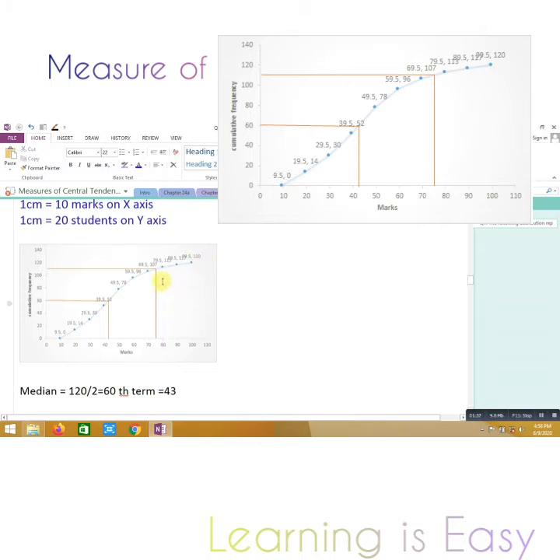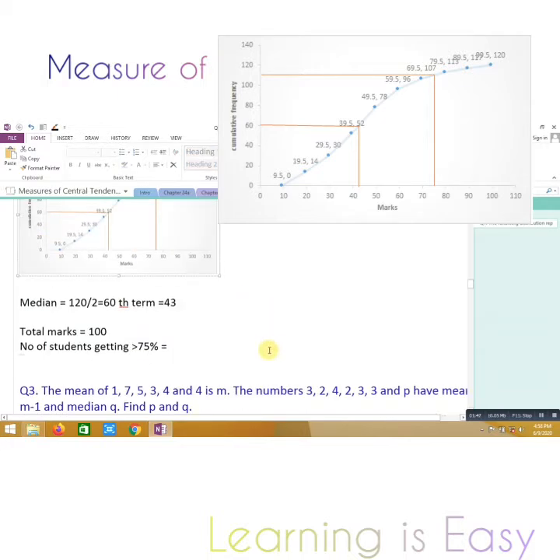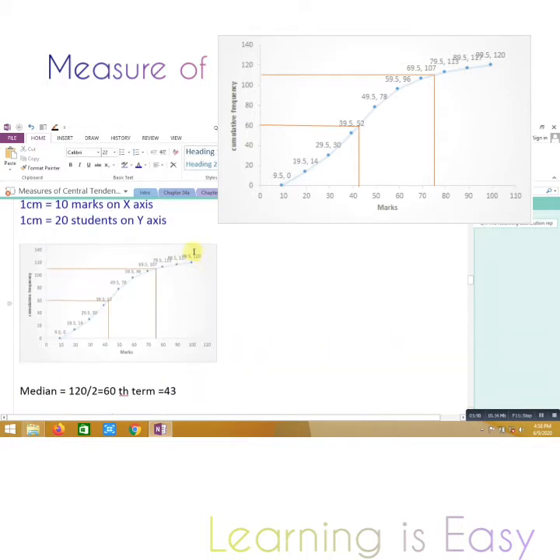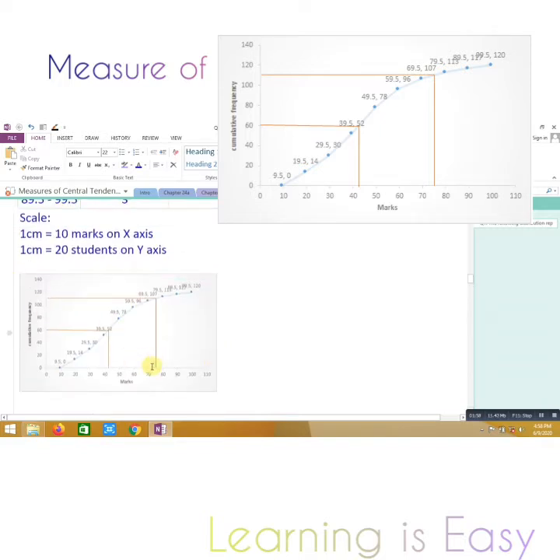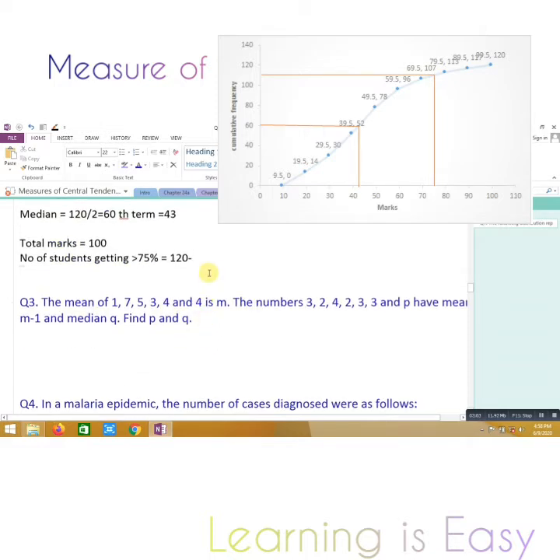So where it meets at y-axis. If you're doing it in graph sheets, as you are supposed to, then you get the accurate value. So 120 minus 111 is 9 students have greater than 75% marks.